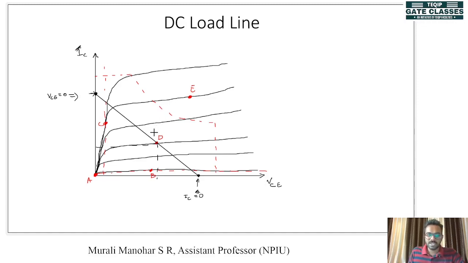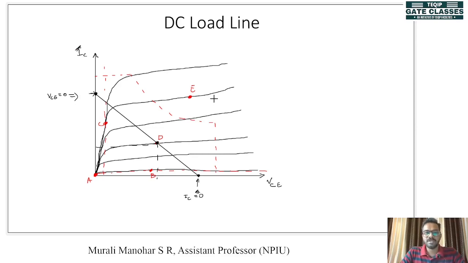And we need to make sure that the external resistances and the sources will make the transistor work at the Q point we have chosen. Okay. So this is the concept of DC load line, which we will explore extensively in the biasing part of our course, the DC biasing of transistors.